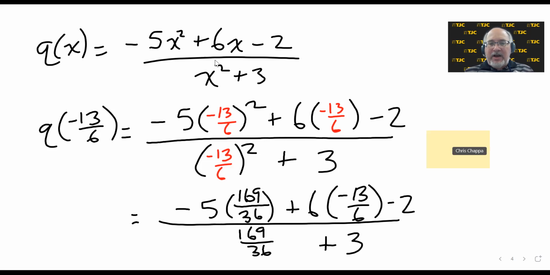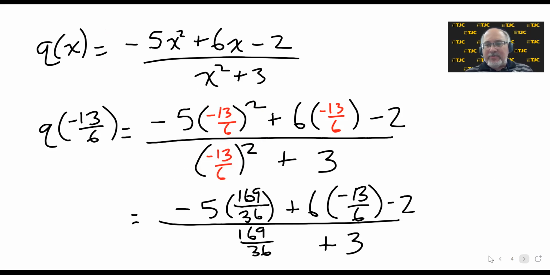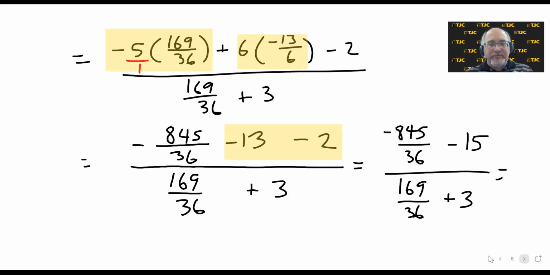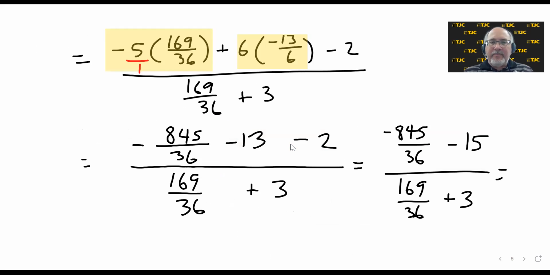Let's make sure I didn't botch it up when I move to the next page. Everything still looks good, going back just to make sure I didn't miscopy something. Okay, let's focus on, did I do that part correctly? 169, using a calculator, times 5 is 845, but negative.